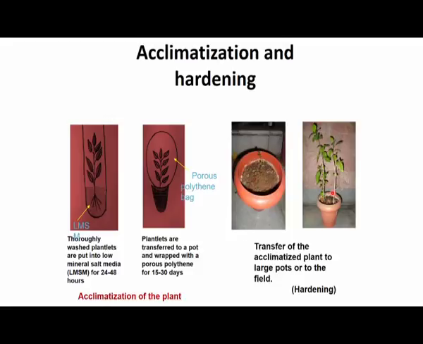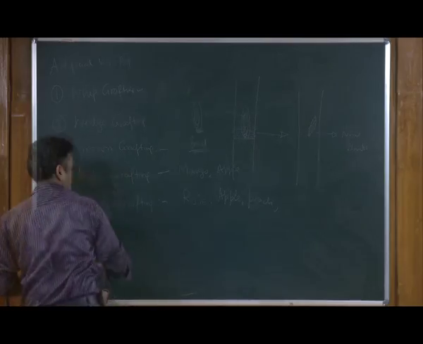So, what are the advantages of vegetative propagation, and why are we doing the artificial as well as the natural vegetative propagation?